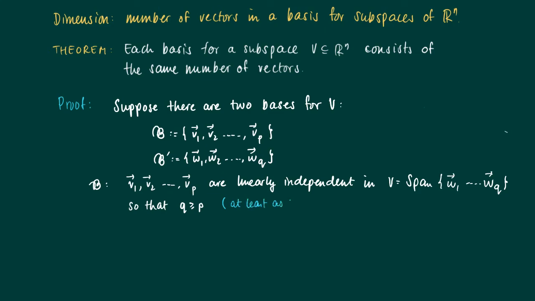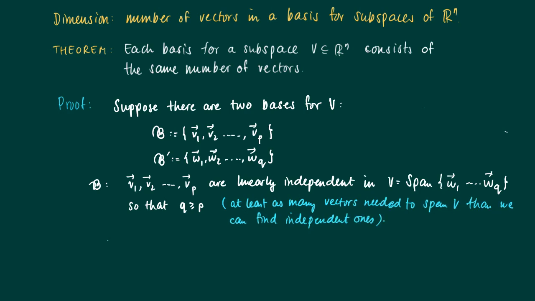This follows from the theorem that we need at least as many vectors to span V as we can find independent ones. So now maybe you have an intuition how to proceed, since there was nothing special in starting with beta.